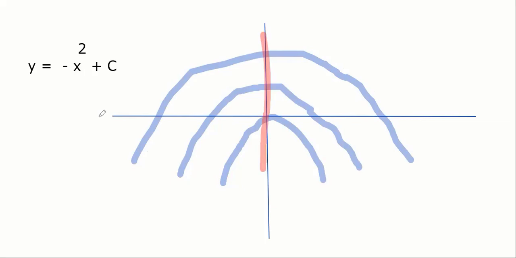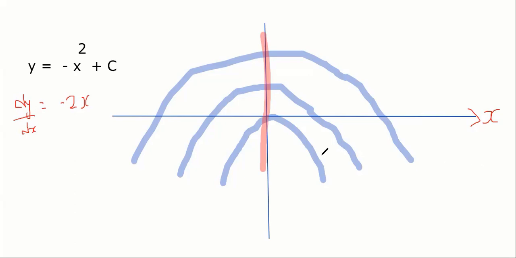Now, if you differentiate this, what do we get? Minus 2x, correct? With respect to x. So this axis is the one with respect to which we differentiate.